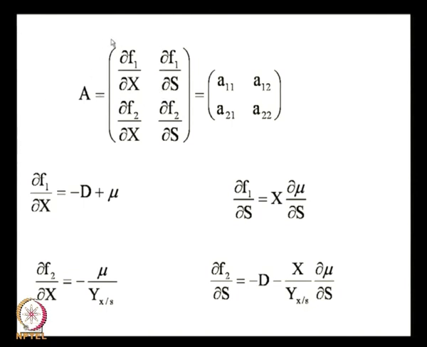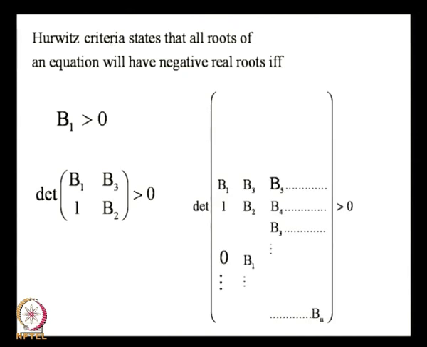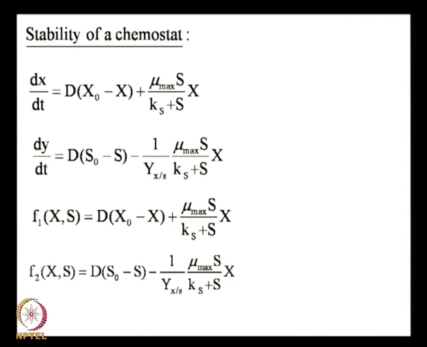So, f1, f2, let us go back and show you what f1, f2 are, my two functions. f1, f2 are my two functions out here, which represent the balance equation for the cell and the substrate respectively. So, f1 represents the balance equation for the cell, and f2 represents the balance equation for the substrate.